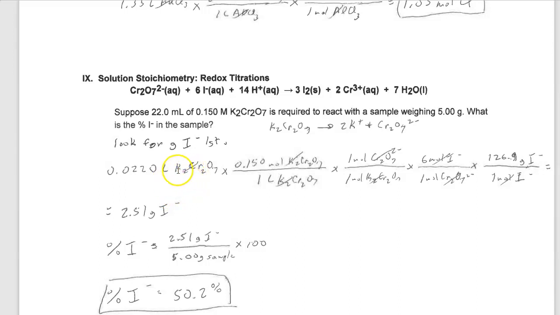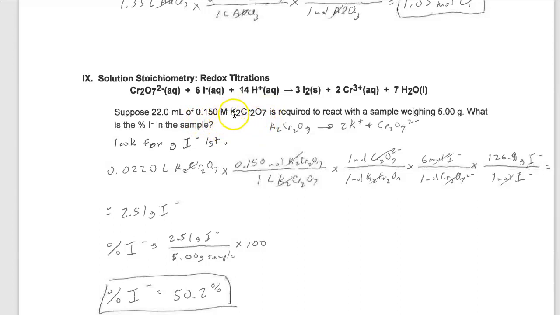Okay, so we've got potassium dichromate here. What are we looking for? We're looking for grams of I-, right? Can I go from liters of potassium dichromate solution to grams of I-? No, definitely not directly. Okay, well, do I know a relationship between liters of potassium dichromate solution and anything here? Well, I know the molarity, and I know that this means there's 0.15 moles of potassium dichromate for every 1 liter of solution.